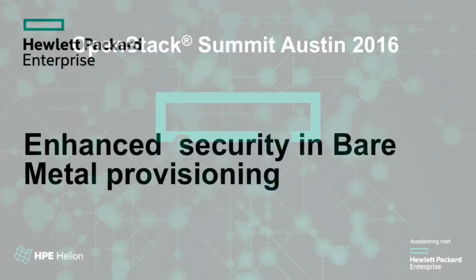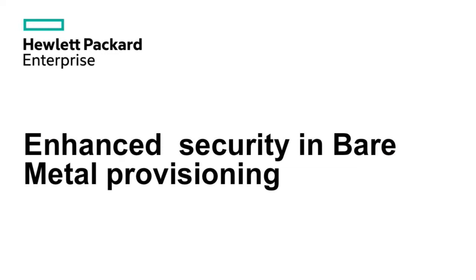We are here to talk about a few of the features which we have upstreamed in the last release, that is Mitaka release. What enterprise customers require is flexibility, yet more security in terms of deployment of their workloads.